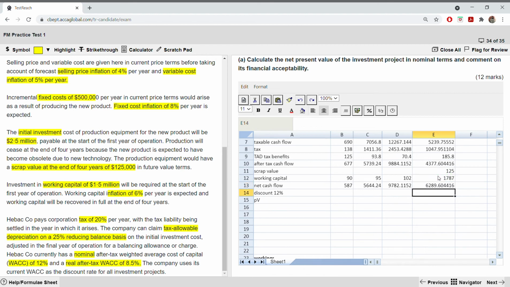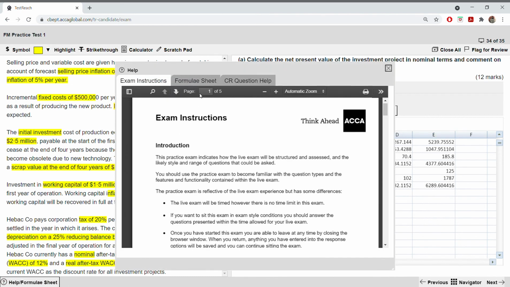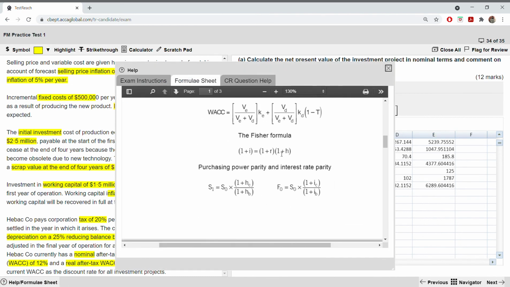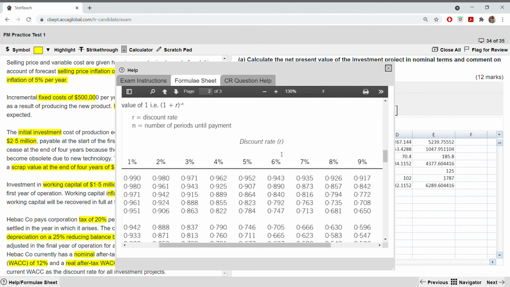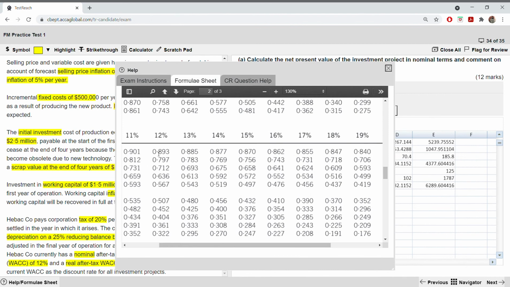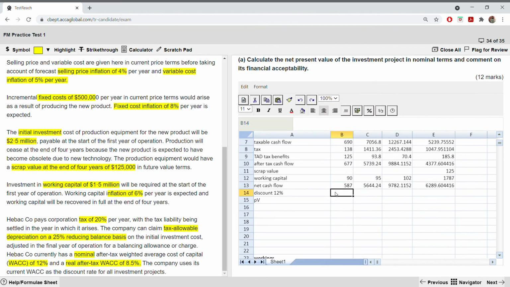Okay, now you have to discount it at 12%. So to do that, go to the formula sheet and go to the present value table. The discount is 12%, right? So 12%, this is the table for the first 4 years: 0.893, 0.797, 0.712 and 0.636. Make sure that you write these numbers here so that it's easy for you.